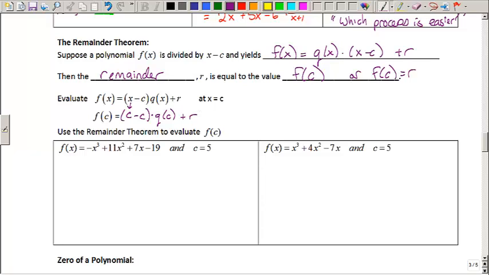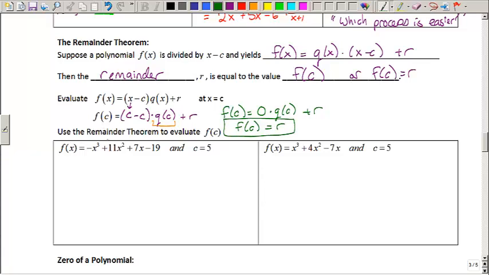Well, I don't really know what this quotient at c is, but I do know what c minus c is. And c minus c has always been 0. So f of c is equal to 0 times the quotient at c plus the remainder. Well, 0 times anything is always 0, I don't care what this quotient at c is. So therefore f of c is equal to my remainder.